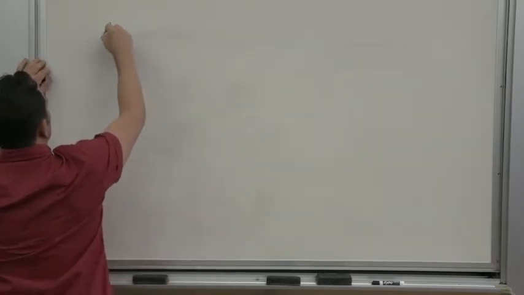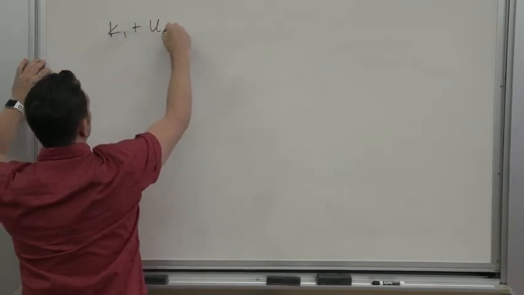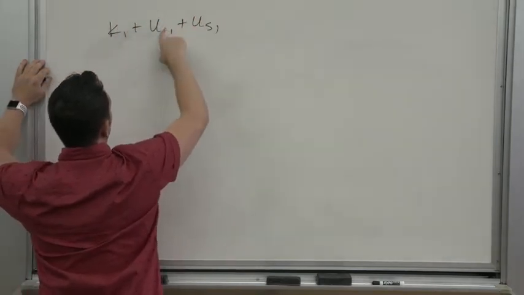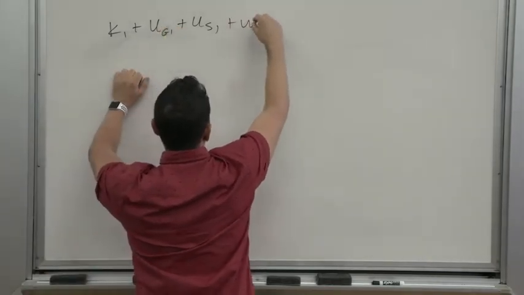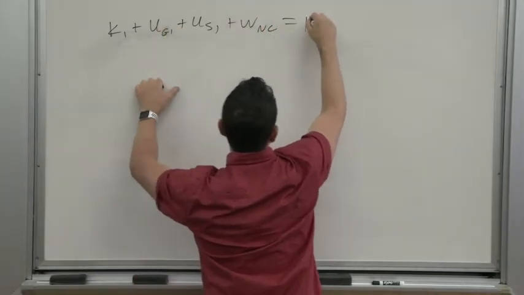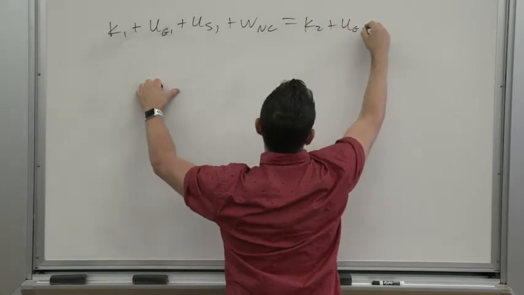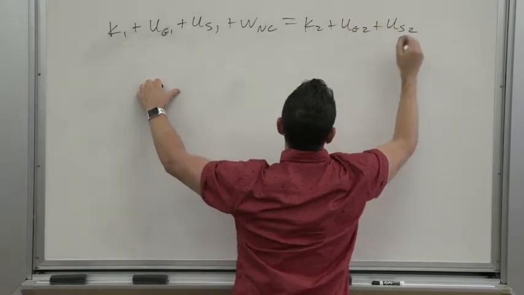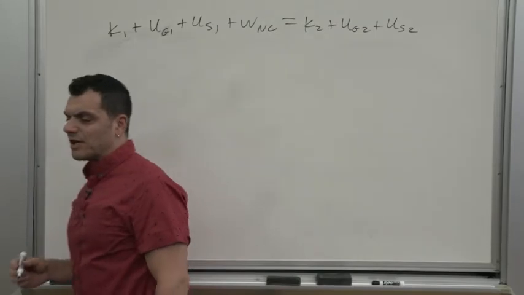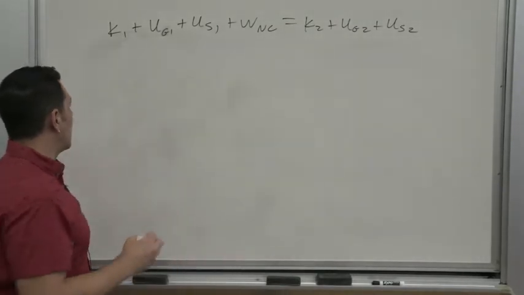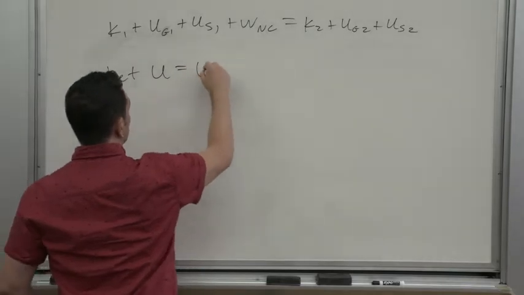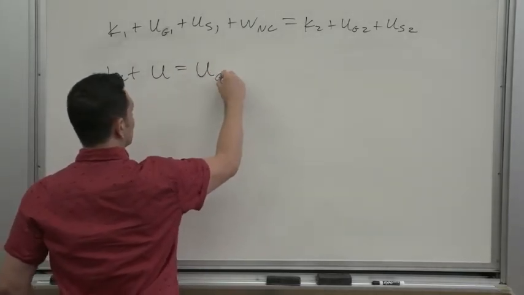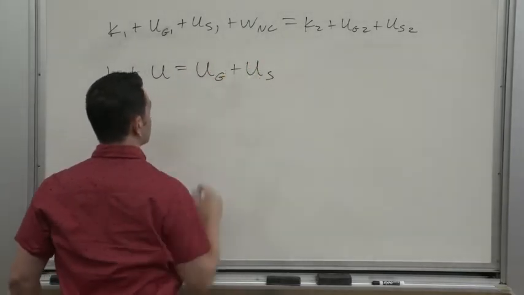K1 plus UG1 plus US1 plus work non-conservative is equal to K2 plus UG2 plus US2. So now I'm simply going to define U as the total potential energy, meaning gravitational plus spring.